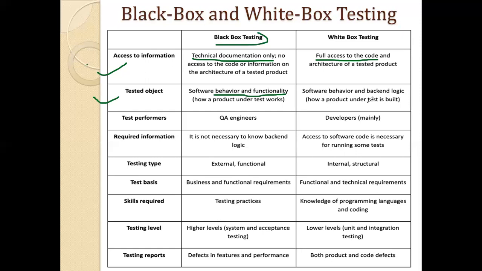But in case of white box testing, the behavior and backend logic, means you will be directly dealing with the code. That means logic, you are going to see how a product under test has been built. So that will be checked under white box testing.